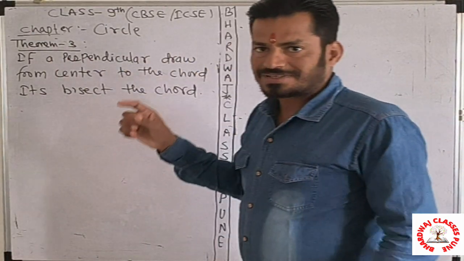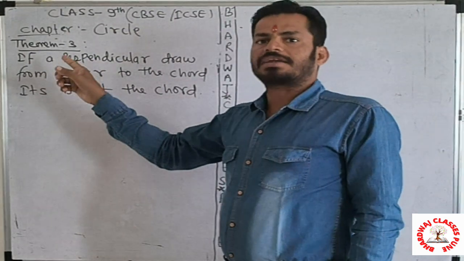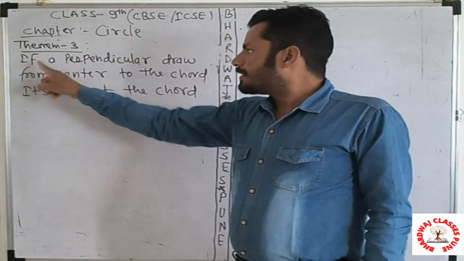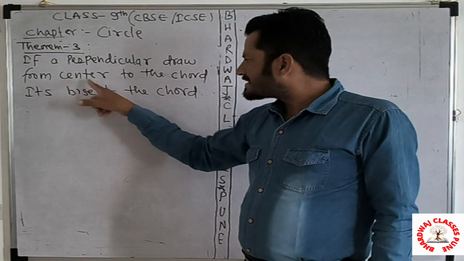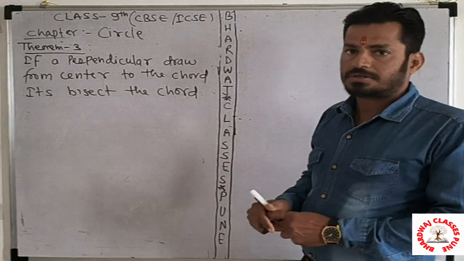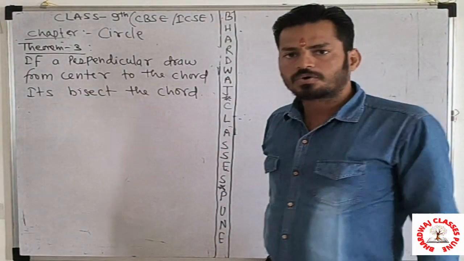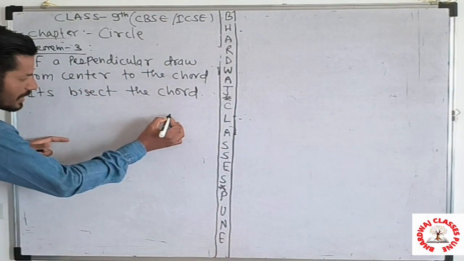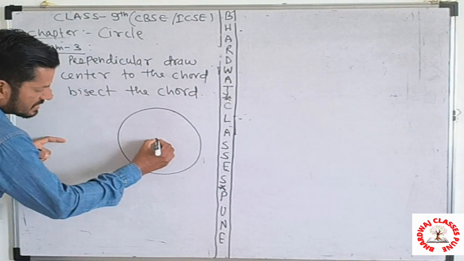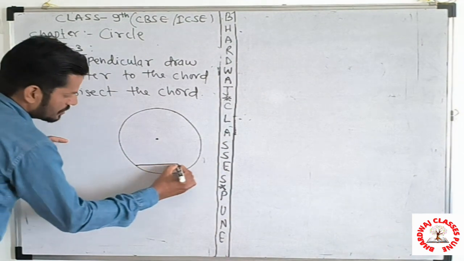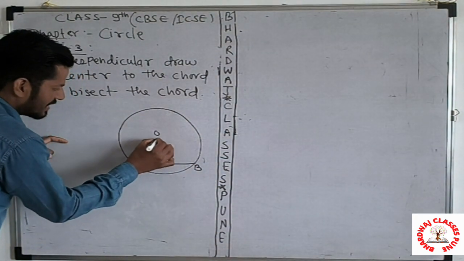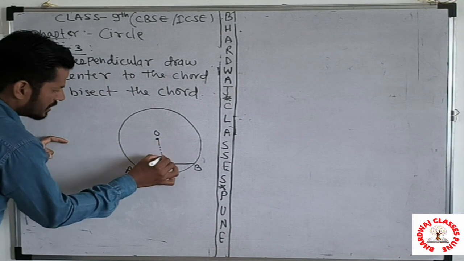Now guys, come to the next theorem, the third one. It is again a very important theorem. The theorem says that if a perpendicular is drawn from the center to a chord, it bisects the chord. What is the meaning of this? This is a circle and this is the center of the circle. Let us suppose it is a chord AB, and from the center a perpendicular is drawn on the chord.